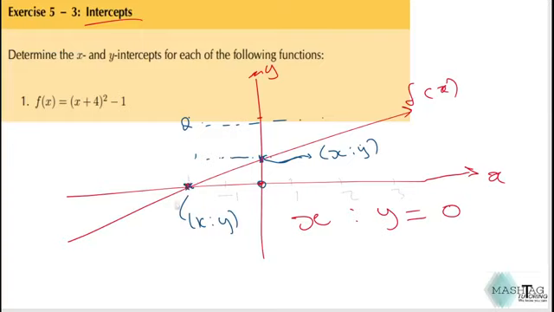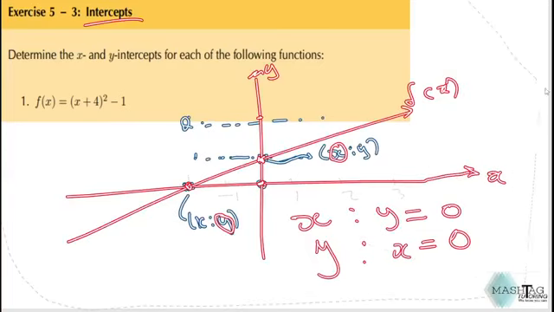So here, where you have an intercept at x, this y is always 0, right? And then for the y-intercept, which is right here, your x is always 0. So this becomes 0. Therefore, you have to put your x as 0. That is very, very important to note as we go.